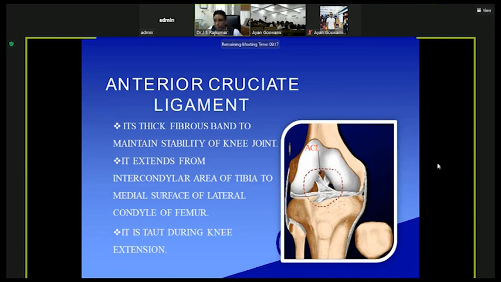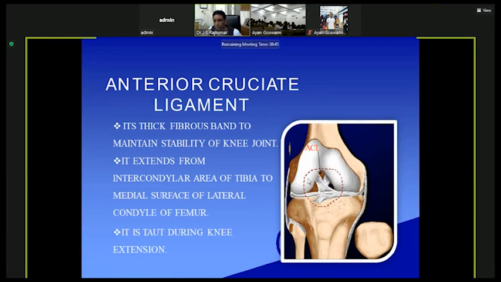Now you look at the anterior cruciate ligament. It begins from the intercondylar area of the tibia, between the medial and lateral condyles, upper surface, and goes to the medial aspect of the lateral condyle. Can you see this is the lateral condyle? So always, the anterior cruciate ligament goes lateral, ALPM, whereas the posterior cruciate ligament will get inserted into the medial condyle.